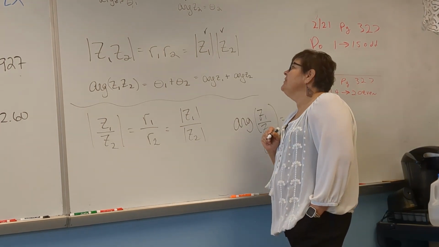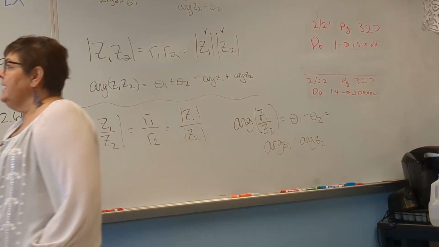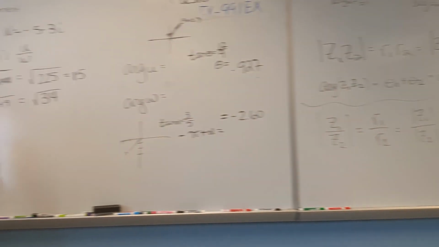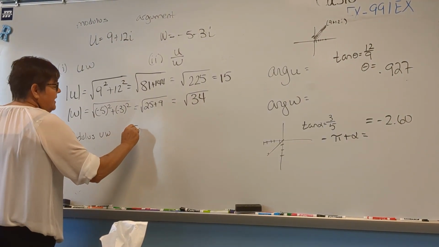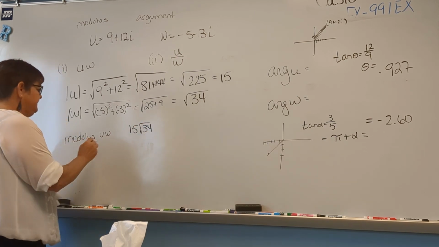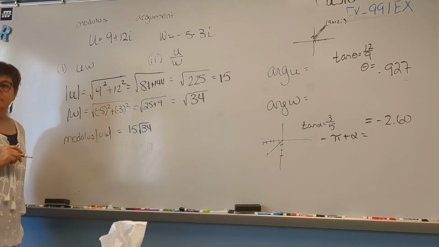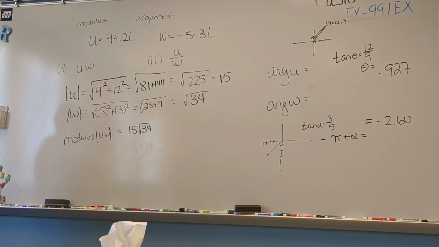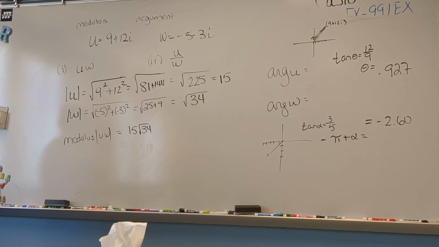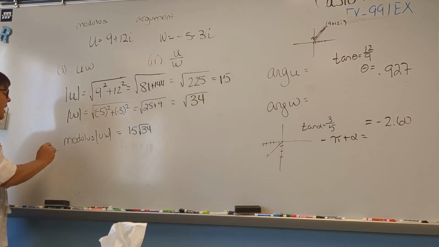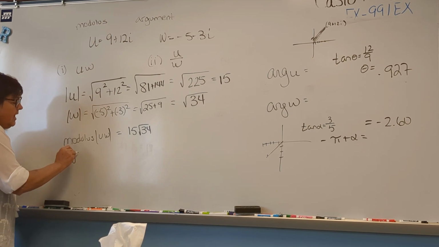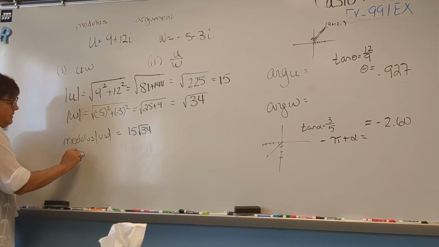So what do I get? In this case, it's going to be 15 times the square root of 34. How do we feel about that? It's really not bad.